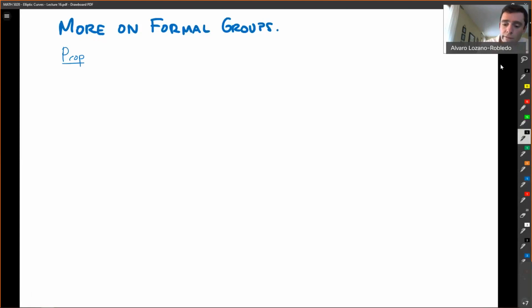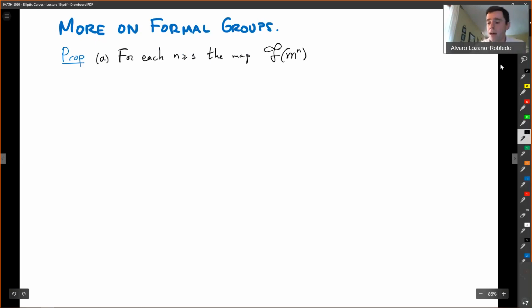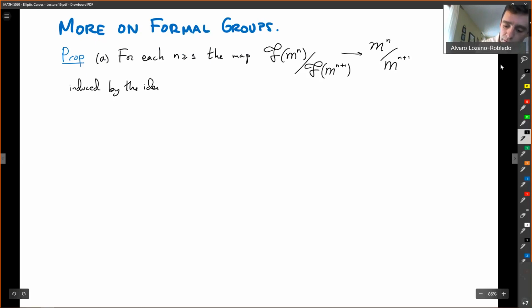For each n bigger or equal to 1, the map that is going from the formal group for the nth power of the maximal ideal modulo the formal group for the n plus 1th power of the maximal ideal, that goes to the corresponding map just on powers of the maximal ideal, that this is induced by the identity map on sets, is an isomorphism of groups.